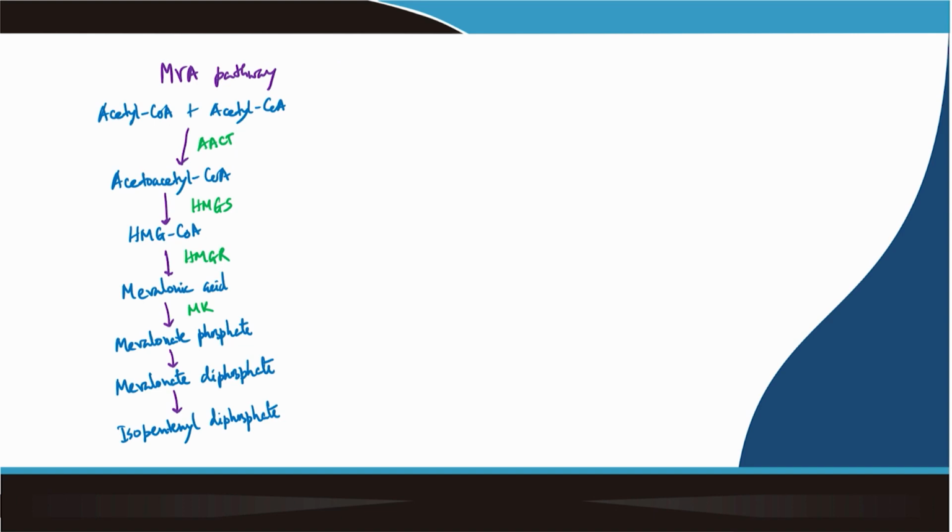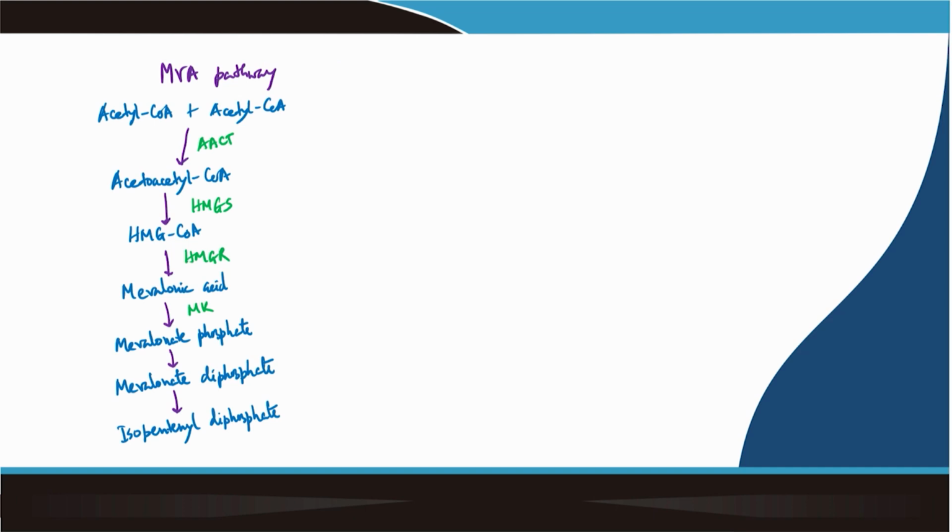We will not go into that, as at the end it forms IPP. And isopentenyl diphosphate is converted into dimethyl allyl diphosphate, that I will show separately.